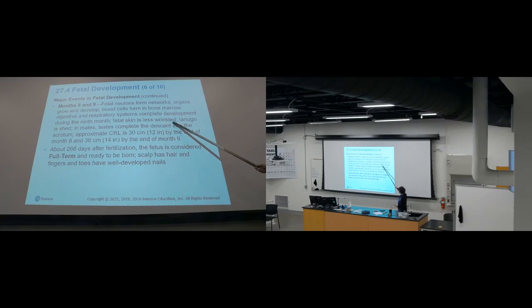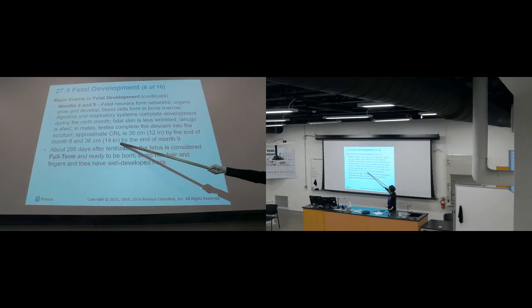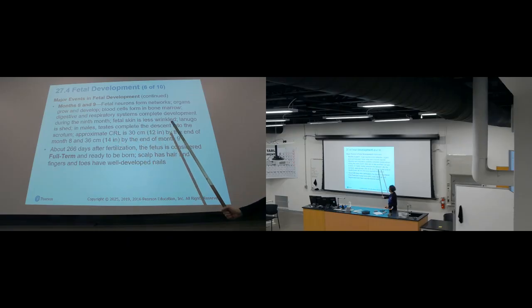The fetal skin becomes less wrinkled. You start shedding lanugo sometimes, but many babies are born with their lanugo. And the testicles complete their descent into the scrotum. The length is 12 inches by the end of 8 months and 36 inches by the end of 9 months, and that can vary. This is just an average.